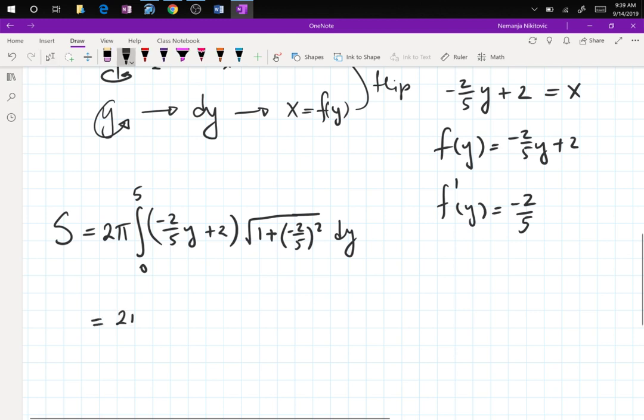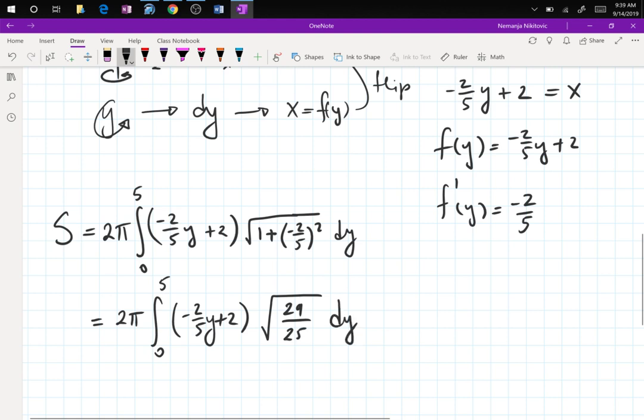So we have 2 pi integral 0 to 5, negative 2/5 y plus 2. Now over here we have 4/25. This is 25/25, so 29/25 the y.